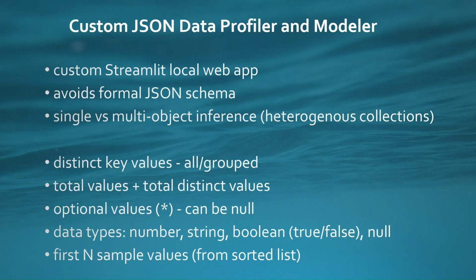So those values can be null or the property cannot exist at all. As data types, I determine all the data types from the file itself. I can determine number, strings, boolean, true, false, or null. And I will display you as well the first n sample values from a sorted list. By default, in my simplified application, I display the first three sample values.